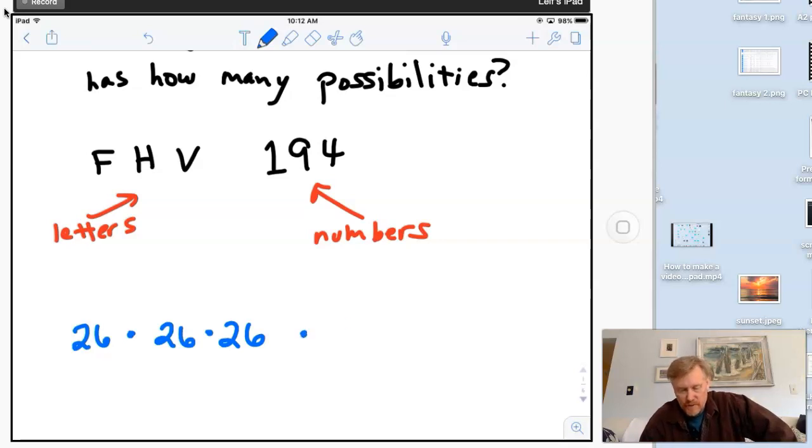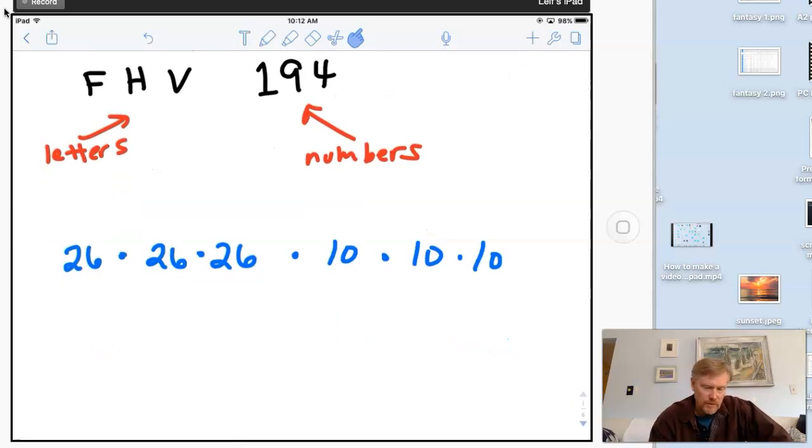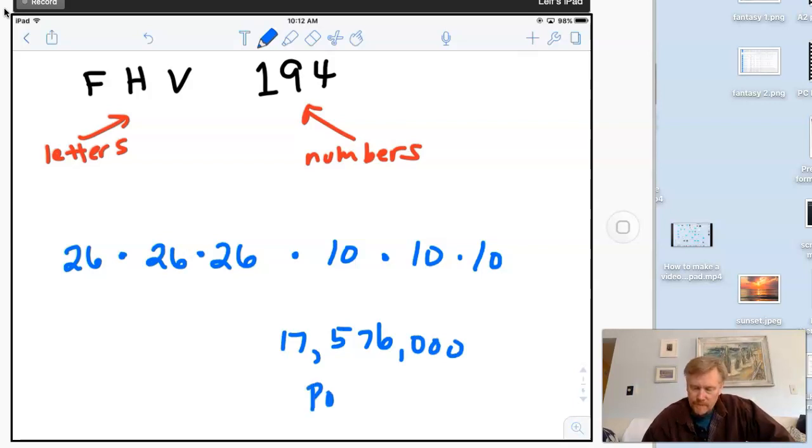So there's 10 possibilities for the 1, 10 possibilities for the 9, and 10 possibilities for the 4. The last thing you do is multiply all those numbers together, and you come up with this really big number, 17,576,000 possibilities.